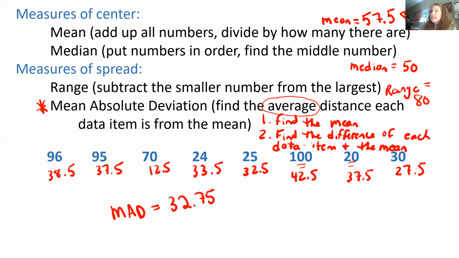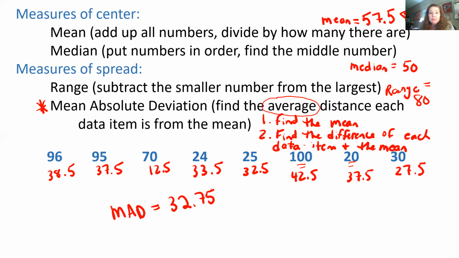This person's average for the class is 57.5, but the mean absolute deviation is 32.75, which means on average, each of her scores is 32 points away from her average. So that's very varied. Now, earlier I was talking about what if a student also had a 57.5, but their scores ranged between, I think I said 50 and 64.